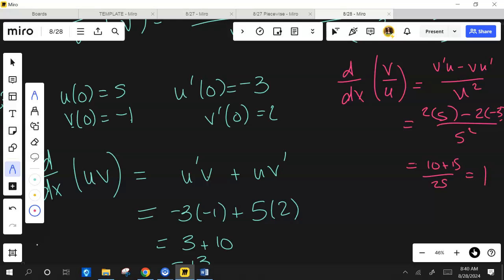Did I mess up? Where did I mess up? Oh, V is -1. Sorry. So that's 10 plus 3. Is that positive one or negative one? Minus, over 25. 7 over 25.